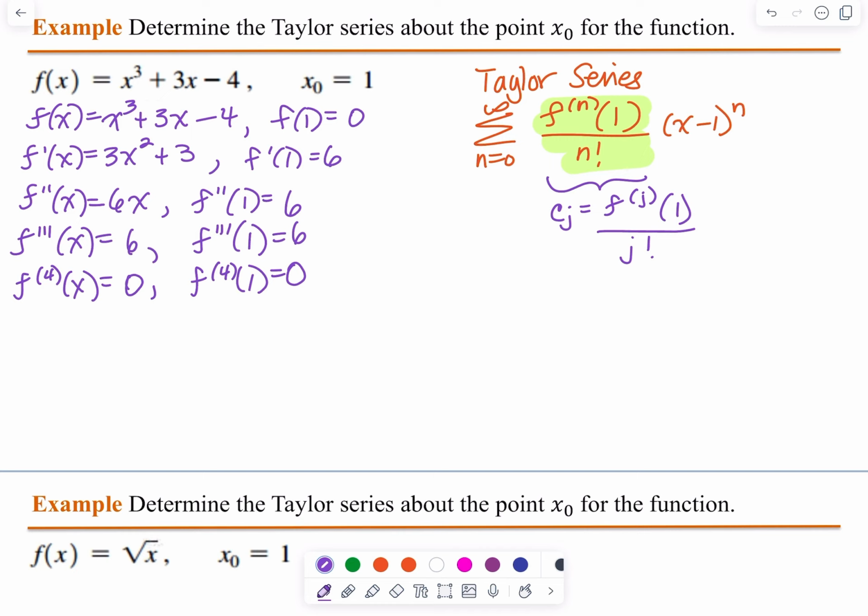So let's go ahead and see what we have here. Taking a look at c sub 0 is 0. That matches this. We have c sub 1 is 6 divided by 1 factorial, which is 6. C2 is equal to 6 divided by 2 factorial, which is equal to 3.